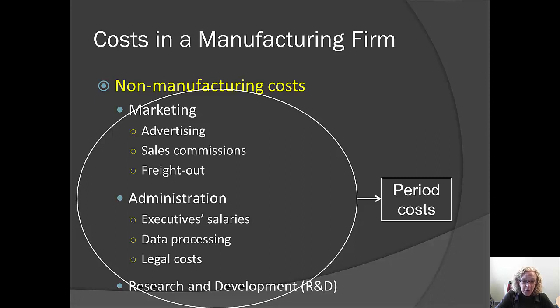But since we don't know how to separate out current benefits from future benefits, GAAP says we follow the conservatism constraint and recognize these as expenses in the current period.